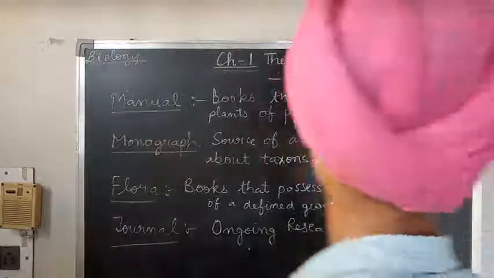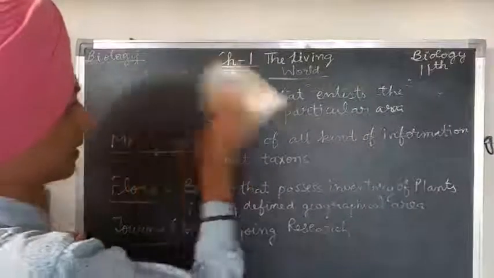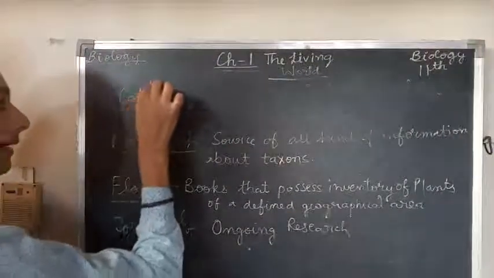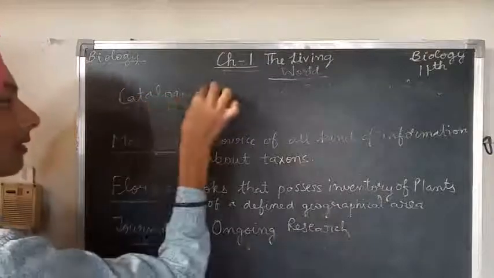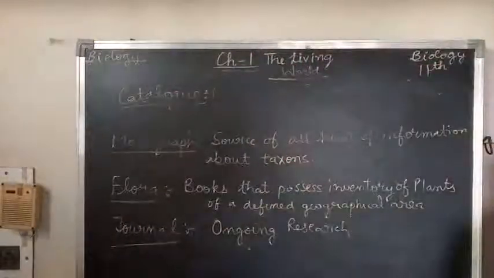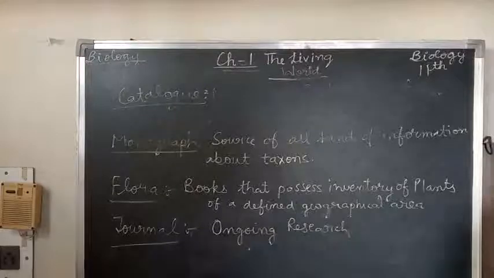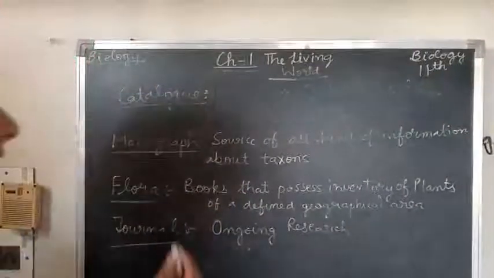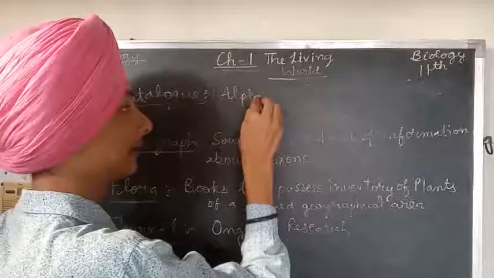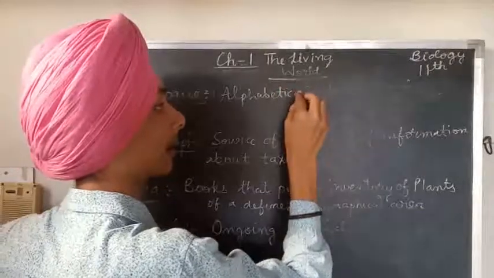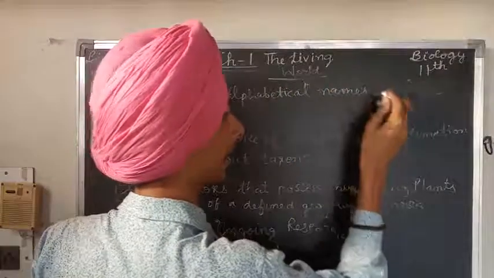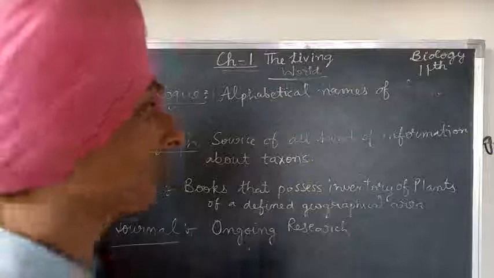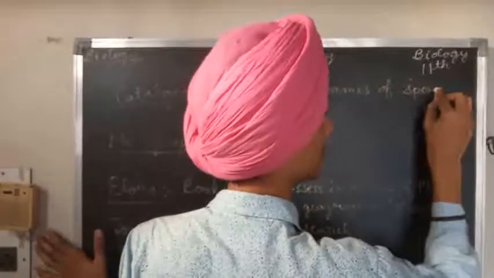The last one is catalog. What are catalogs? A catalog is also a source of information which possesses alphabetically arranged names of species, all species.